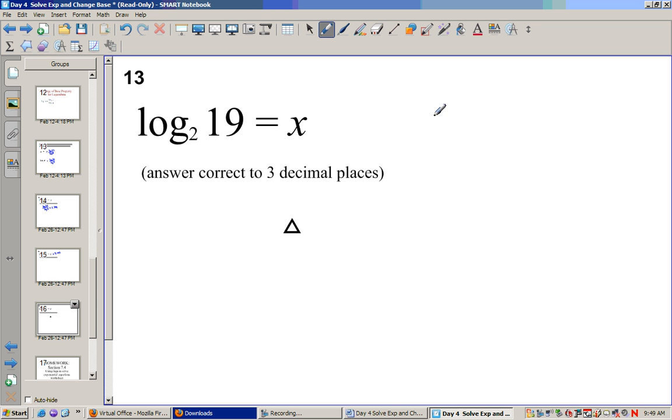Log of 19 over log of 2, log of 19 divided by log of 2, 4.248.